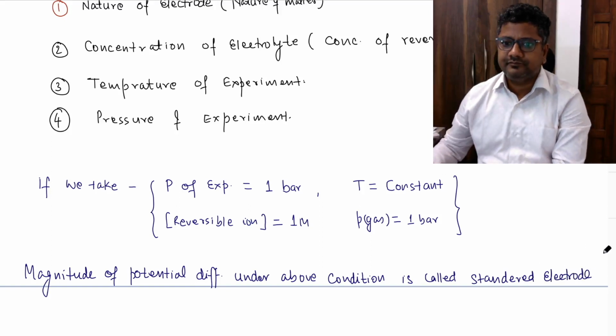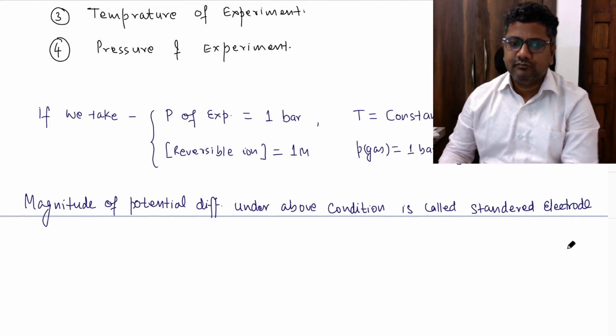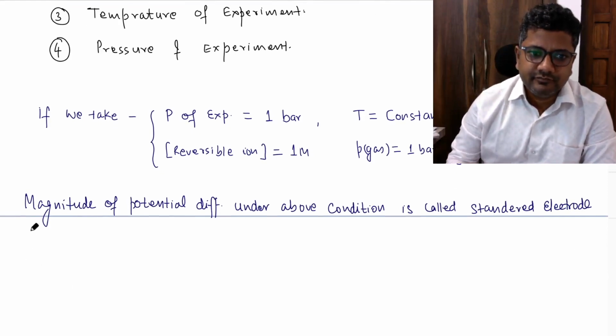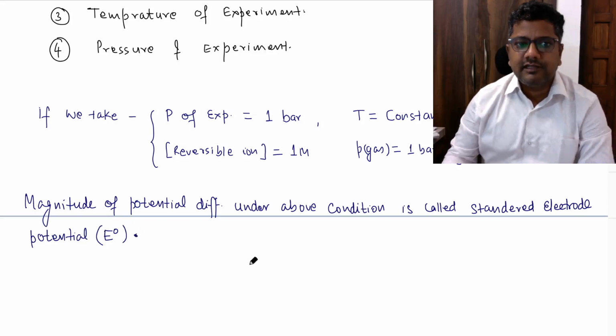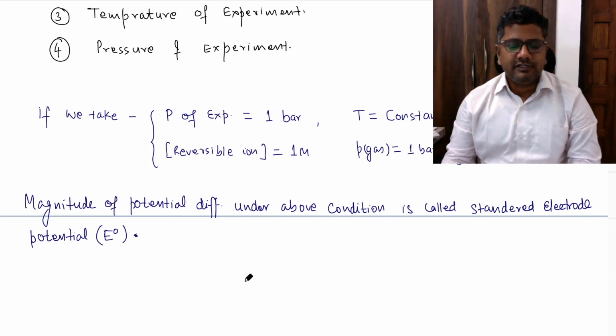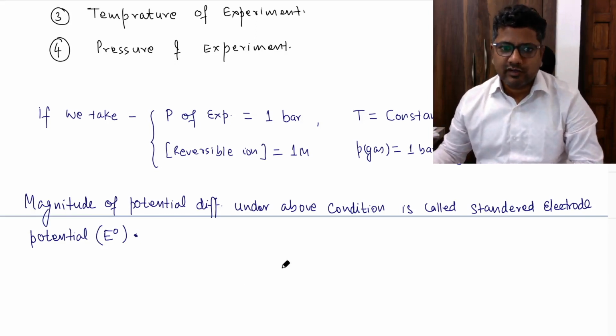It is represented by E naught. So this is called standard electrode potential.